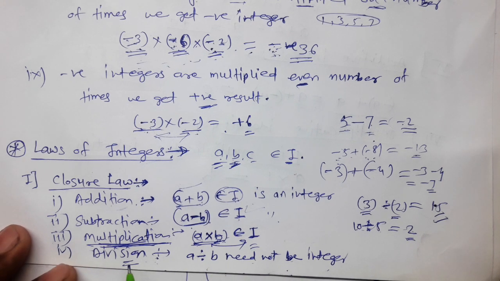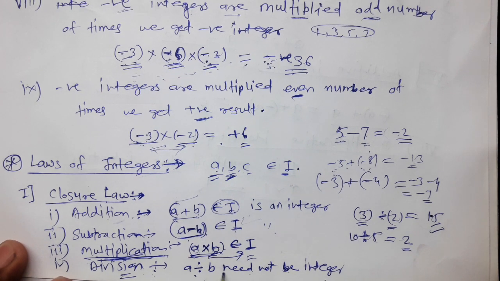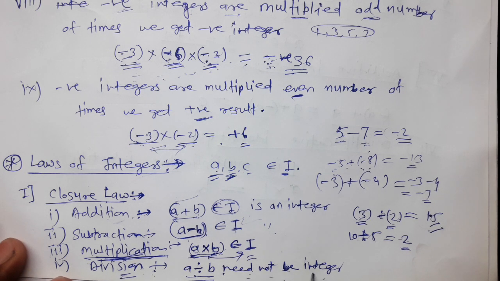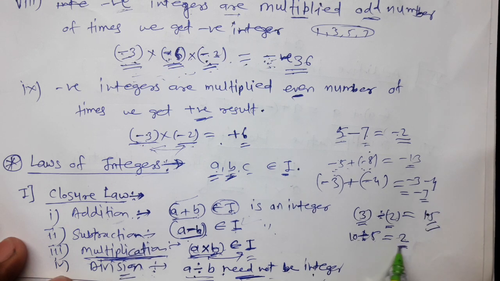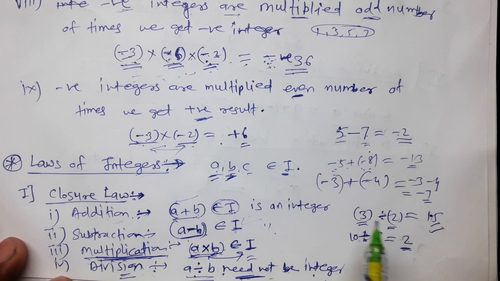For division, if a and b are integers, a divided by b need not be an integer. Here we have used the words need not be because sometimes division of integers is an integer, but sometimes it is not.